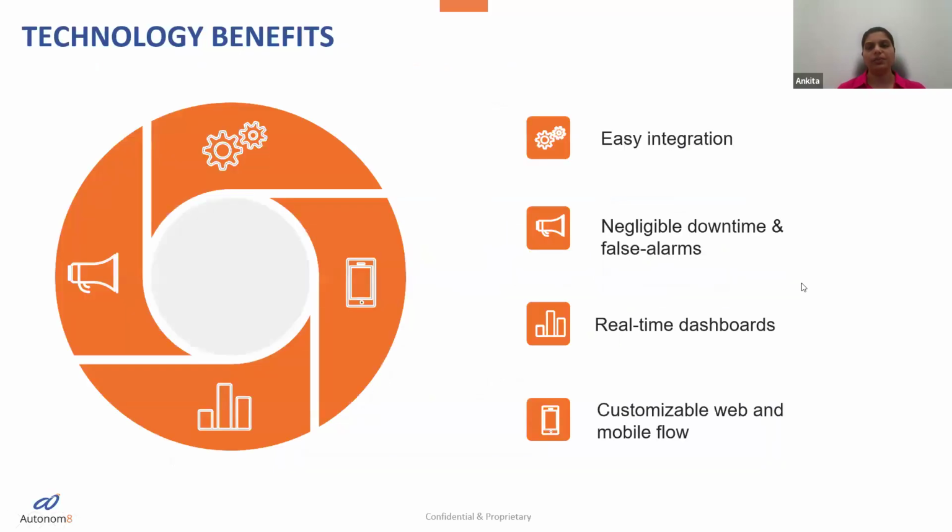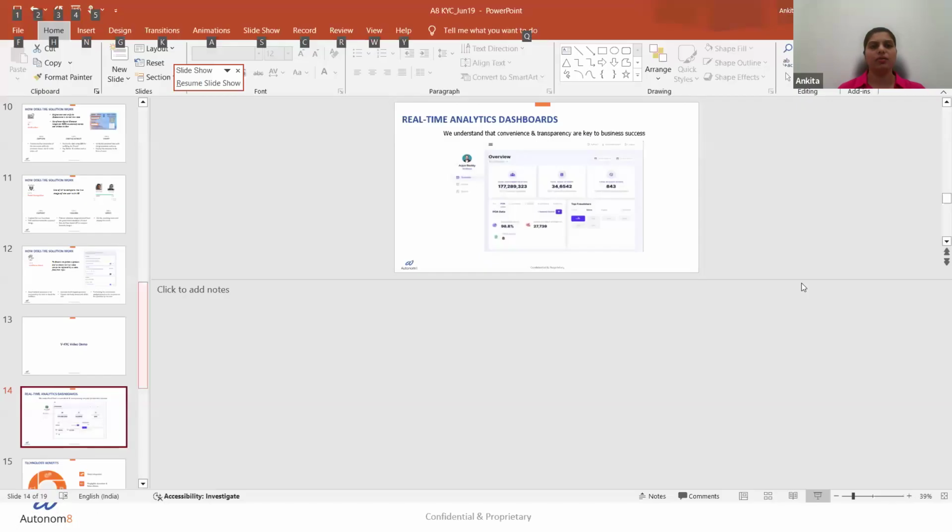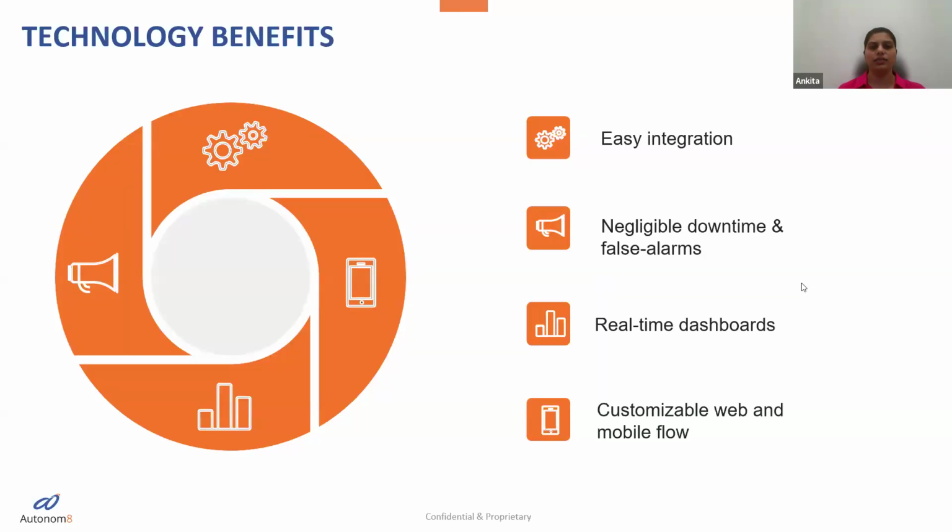Now, moving next, we discussed what are the challenges, what do we offer from a solution standpoint. Let's discuss some of the benefits that we bring in from technology as well as the business aspect. With seamless integration and minimal downtime and reduced false alarm, we can deploy our platform swiftly and efficiently.